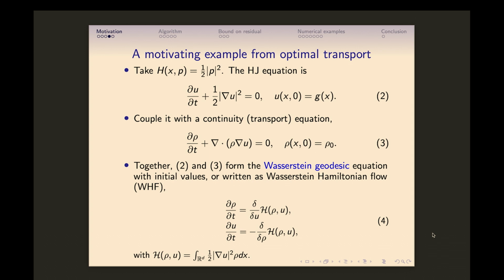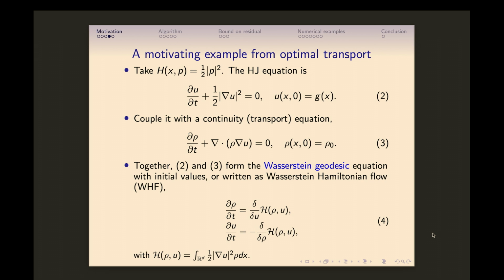Your Hamiltonian is just p squared, and then you give an initial condition. This is probably very familiar to many of you, especially the students here. Probably you have to take courses on how to solve them numerically. At least when I was a student, this was probably one of the homework problems. You have to actually do it.